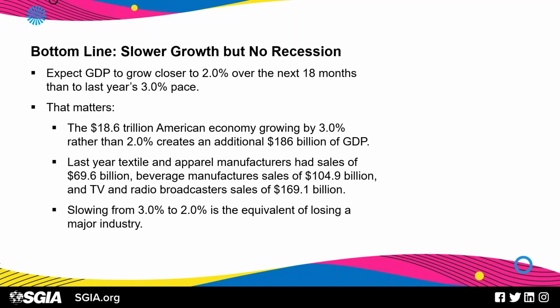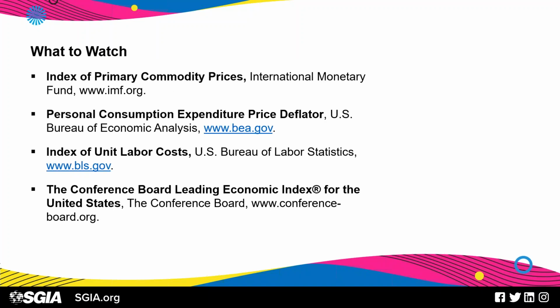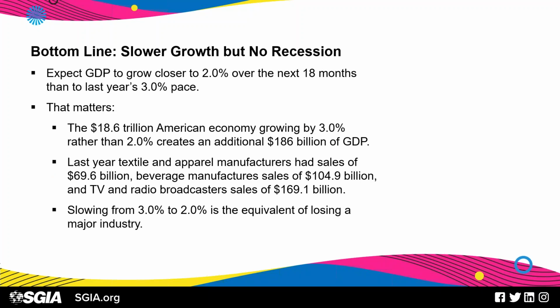As you see on this very last slide, slowing GDP growth from 3% to 2% is the equivalent of losing a major industry, but that's very different. That's not recession. There's a big difference between a moderation, a slowing, and recession. And for the reasons on these slides, and in the Economy Watch you'll find shortly on our website, it's much more likely we're going to be slowing this year rather than falling into recession.